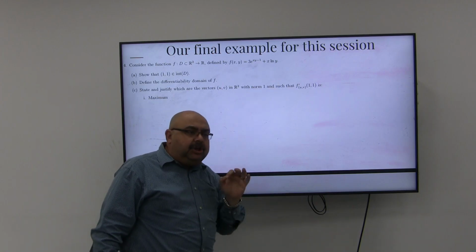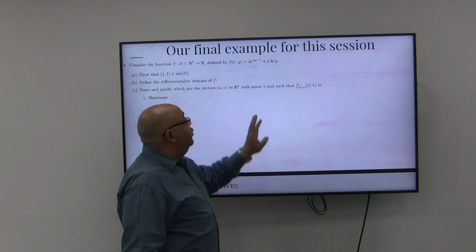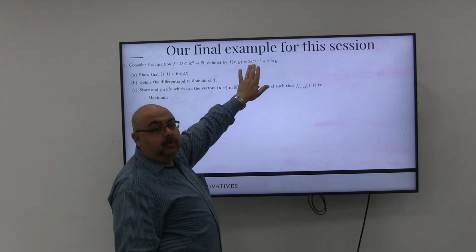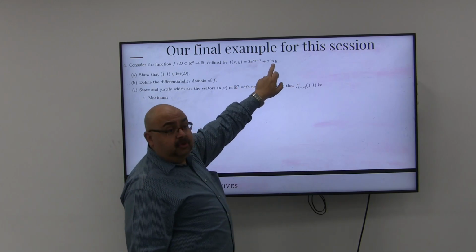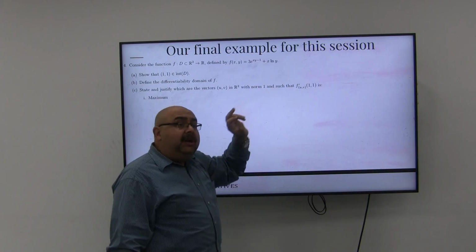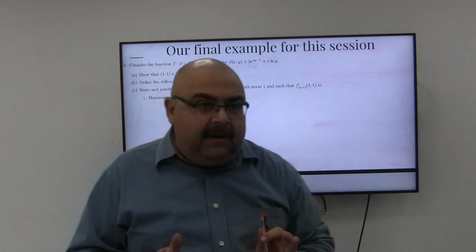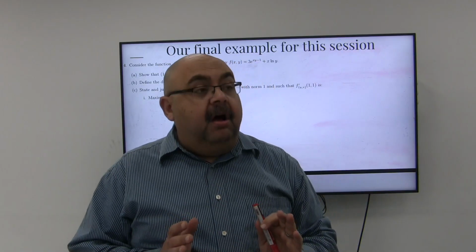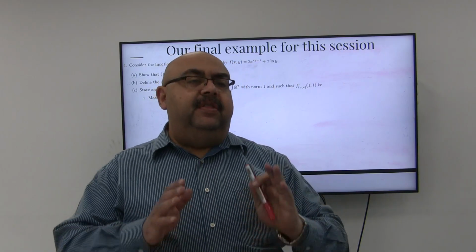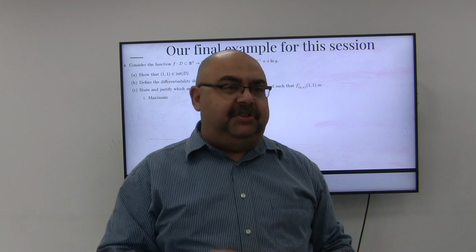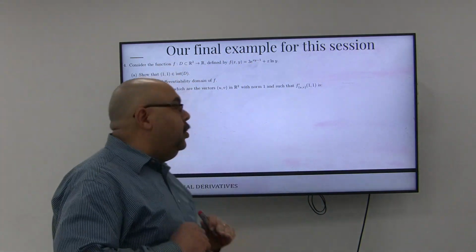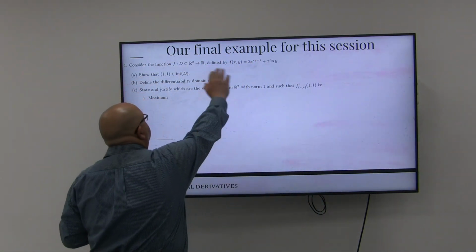For this one, the domain is R2. But for this part, you have a restriction: y greater than 0. So this function's domain has to be R2, but with the condition that y must be greater than 0. Okay? So I'm working with half the plane in this case.